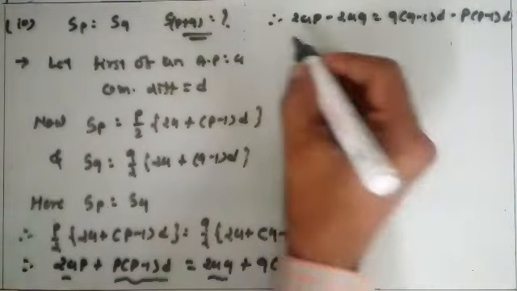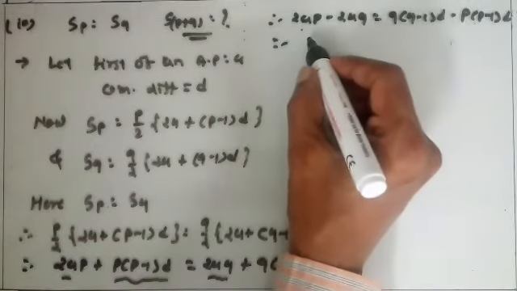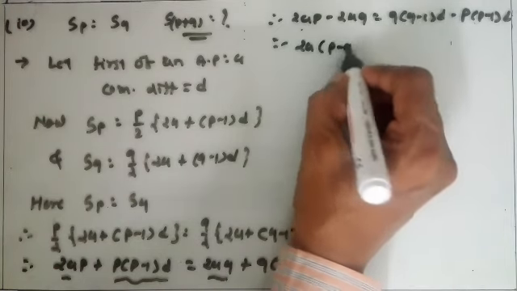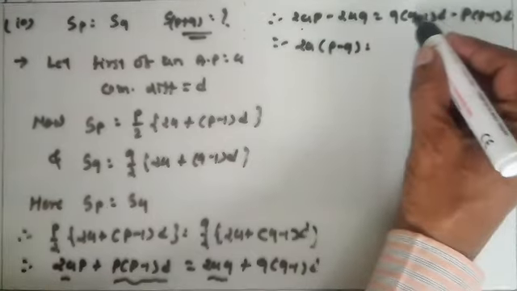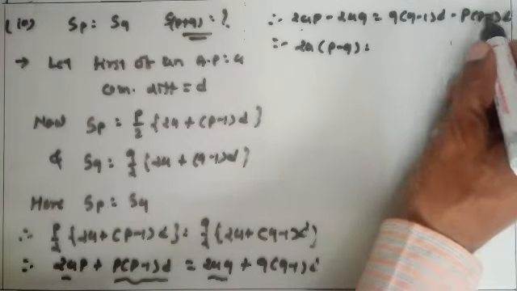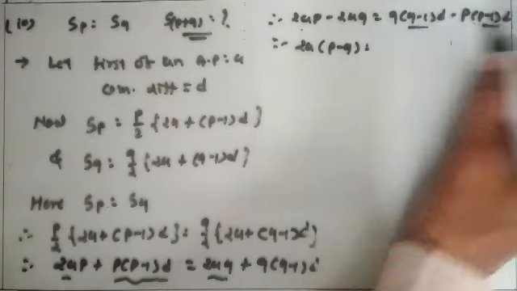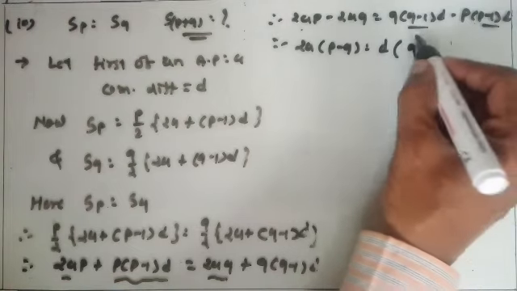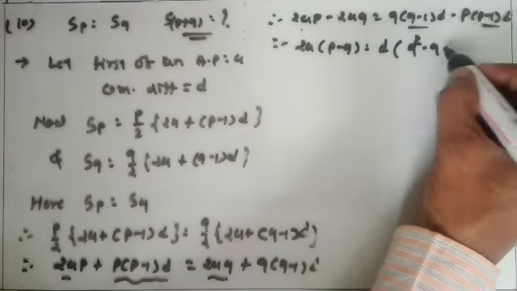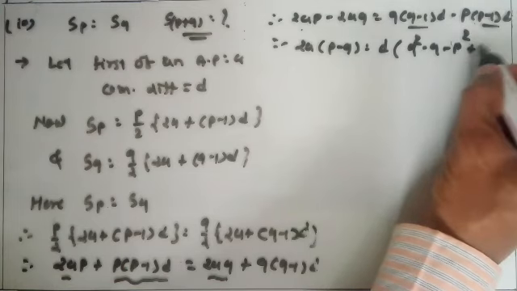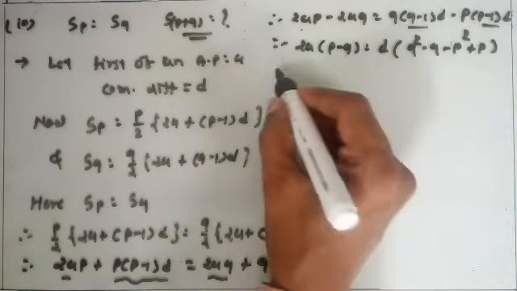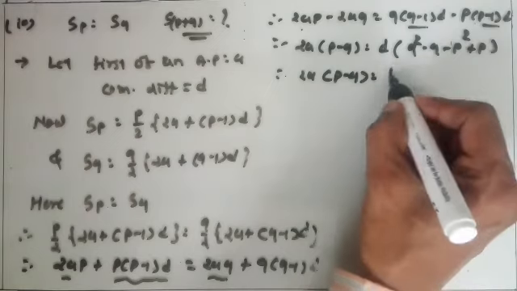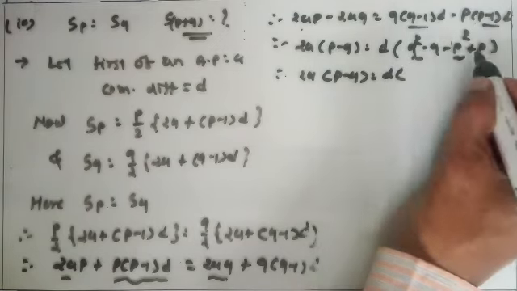Therefore, taking 2A common, we get 2A into P minus Q is equal to D into Q square minus Q minus P square plus P. So 2A into P minus Q is equal to D into Q square minus P square.